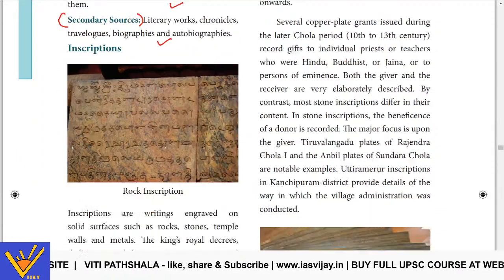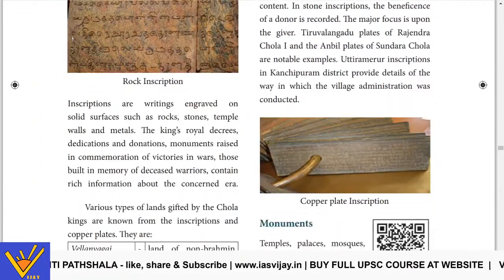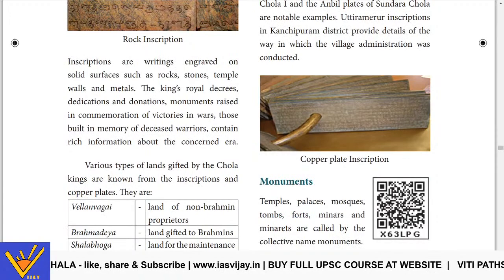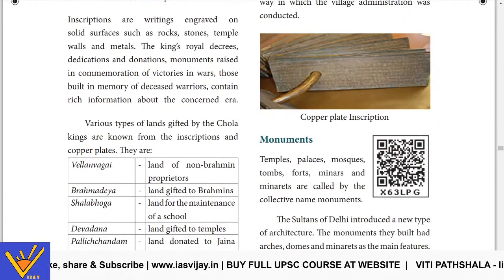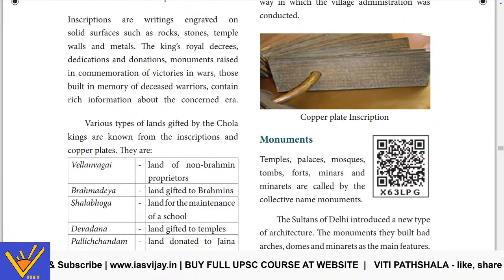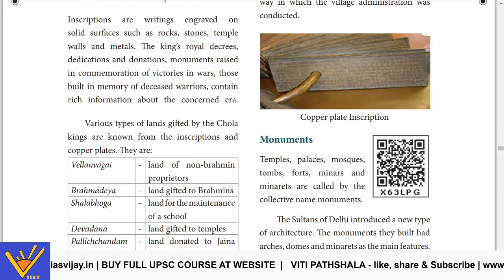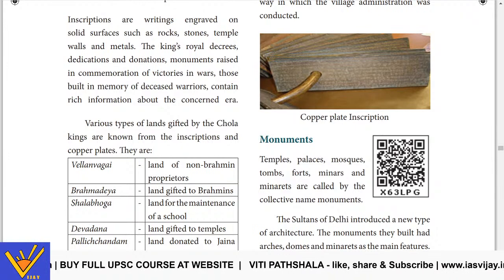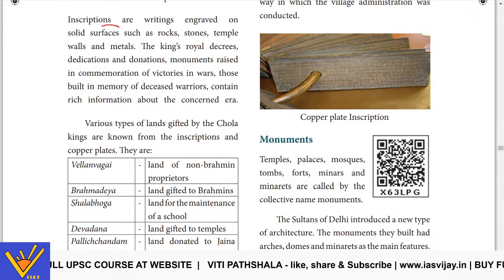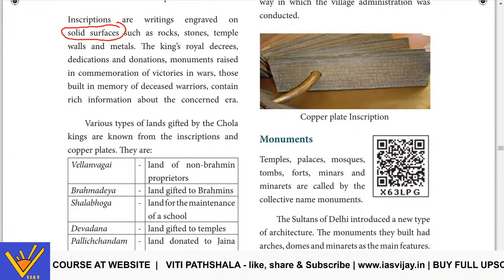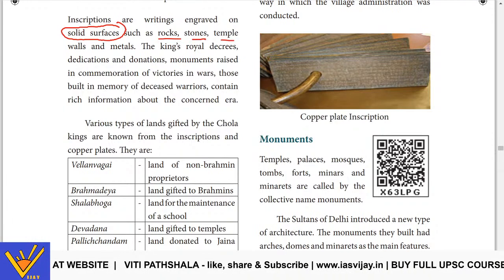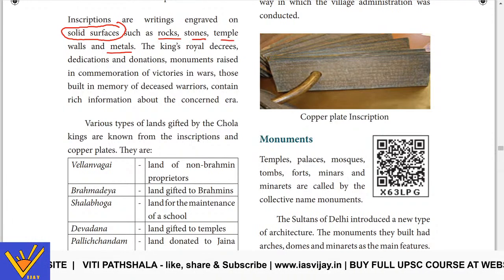Now inscriptions. What are inscriptions? The rock inscriptions, you all know, from the time of Ashoka, the inscriptions have started. So inscriptions are writing engraved on a solid surface, such as a rock, stone, temple wall or metal.